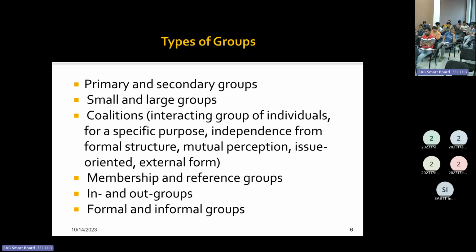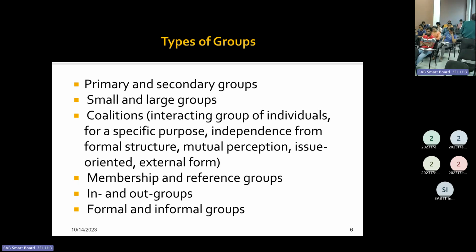The members in a formal group should follow the hierarchy. The members in an informal group come together based on friendship or other personal characteristics. Closeness, friendships, interests, those are the factors used by them to gather as informal groups or informal teams.